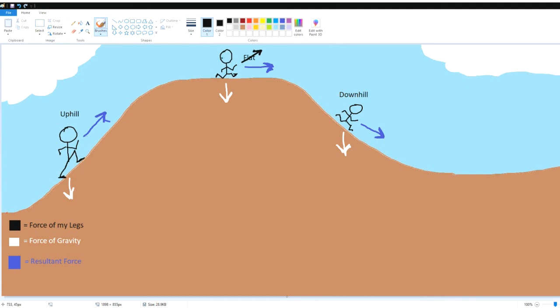Now, when I'm going uphill, let's look at a different scenario, right? If I'm going uphill, gravity's still pulling me down, but the goal is for me to go a bit more upward. So my legs actually need to push with a lot more upward force, right? You can see this arrow for the force of my legs is much more upward. And as a result, I will have a more upward trajectory, right?